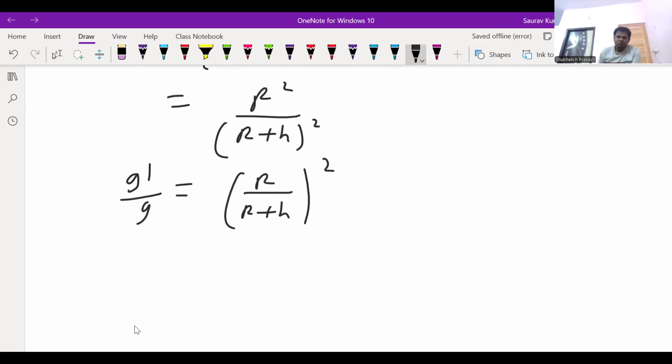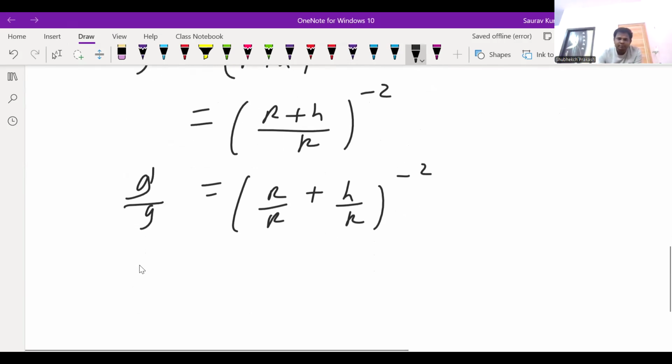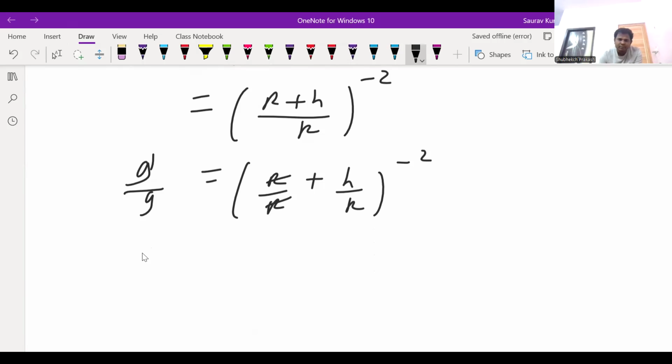Now if you take the reciprocal of this, in exponents we have already read that if you take the reciprocal, the power will be negative. Then this will be g dash by g equal to 1 plus h by R to the power minus 2.